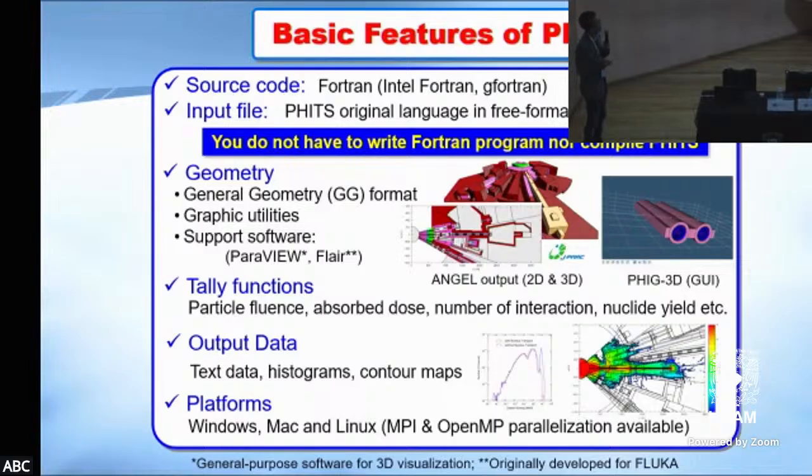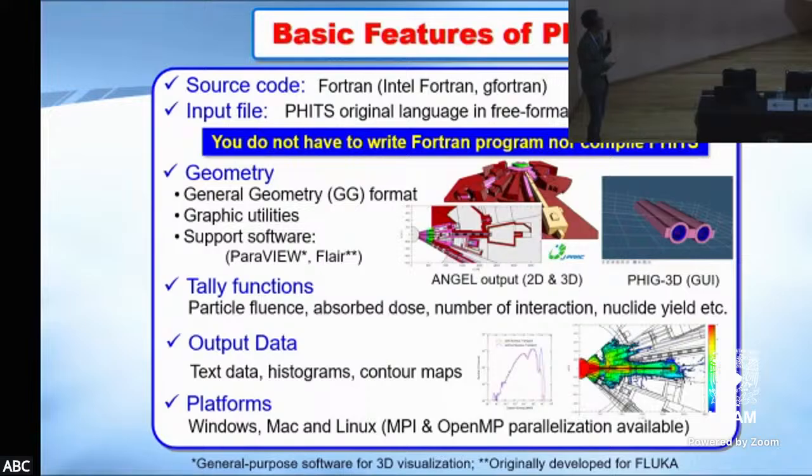The geometry is described in the so-called general geometry, or GG, format. And the graphic utility is fully integrated, so you can see the geometry in 2D, 3D, or even interactively. And you can deduce any kind of quantity, such as particle fluence, absorbed dose, number of interactions, and nuclide yield. You can obtain them from the simulations as output data, text data, histograms, or contour maps like this.